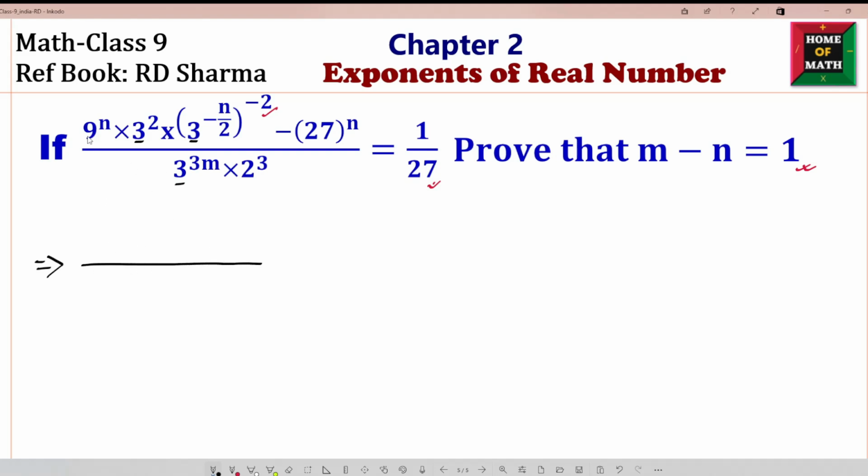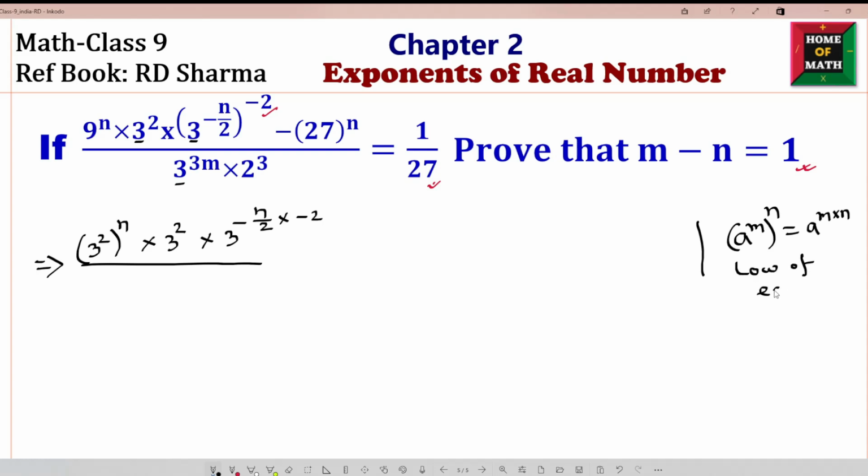This 9 we can write as 3 square, and here is power n, times 3 square times 3 to the power minus n divided by 2. We can write this minus 2 like this way. Why? We know a to the power m to the power n, we can write a to the power m into n as per law of exponent.